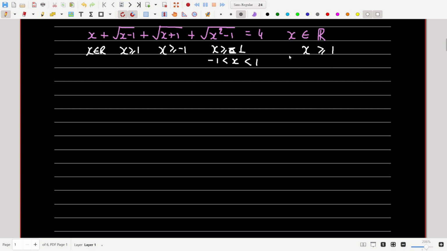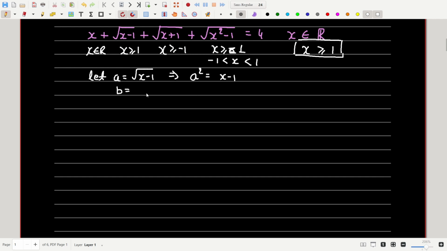All right, now let us save this thought and let us proceed with solving this problem. All right, so now if I say let a is equal to under root x minus 1, this would mean that a square is equal to x minus 1.